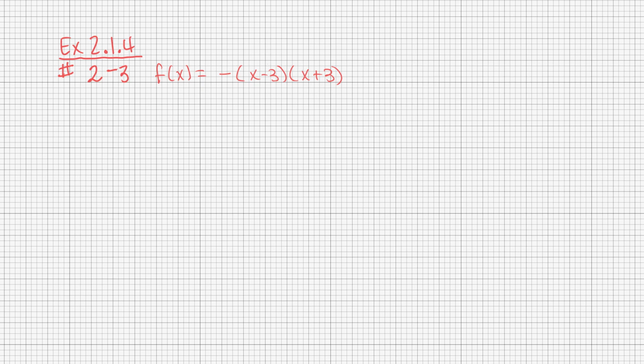What kind of parent function does this belong to? Why quadratic? The x's are going to square. Perfect. So when you go ahead and multiply this together, everybody multiply this together and get it in standard form. Very good question. So do you have to do the negative first, or can you do the x minus 3 times x plus 3 first?